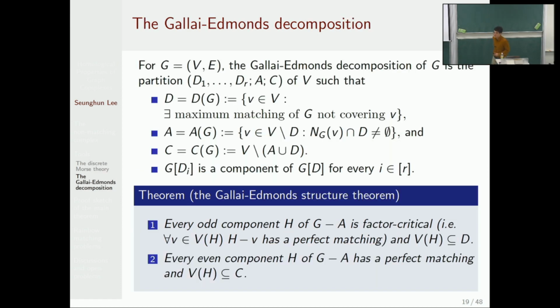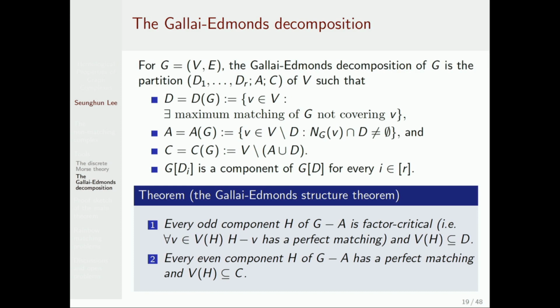I'll briefly introduce the Gallai-Edmonds decomposition. For a given graph G, the Gallai-Edmonds decomposition of G is the partition D1 to Dr, A, and C on the given vertex set V. The usual Gallai-Edmonds decomposition consists of the partition into D, A, and C parts, but I further consider the components D1 to Dr, since this is also important information.